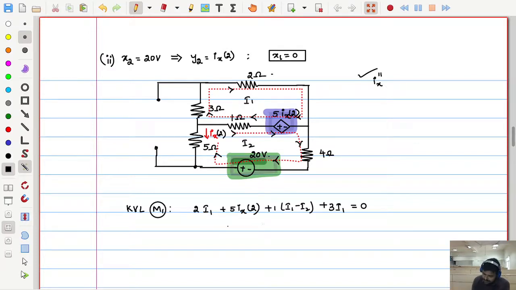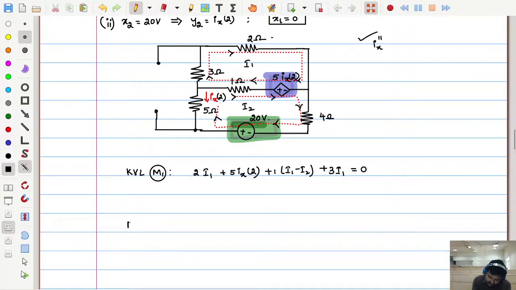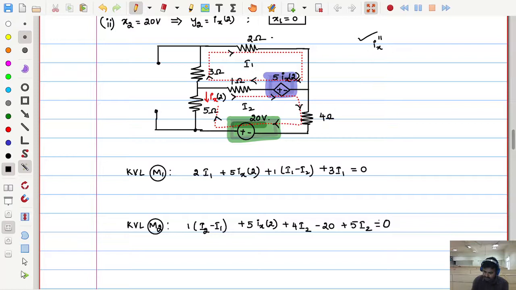I will simplify this after the second equation, KVL for mesh 2. What I will get here is 1 into (I2 minus I1) plus 5 into Ix of 2, plus 4 into I2 minus 20 plus 5 into I2 is equal to 0.